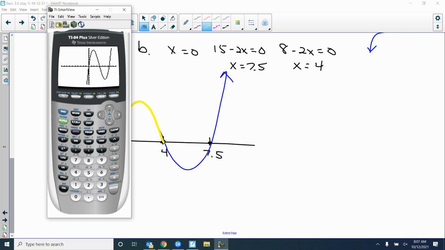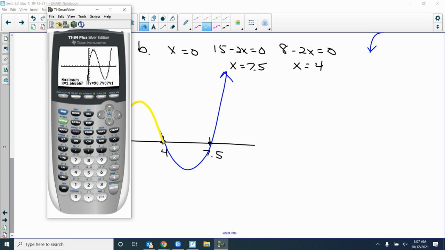We're looking for the maximum volume. Volume is length times width times height, determined by how much I'm going to cut out. So I go to second, calculate, maximum, and enter. All right, x equals 1.67.